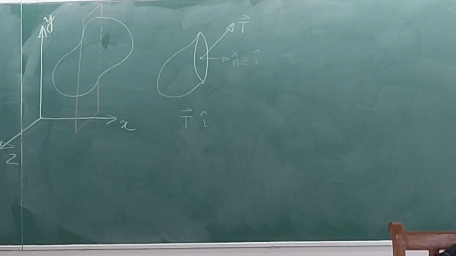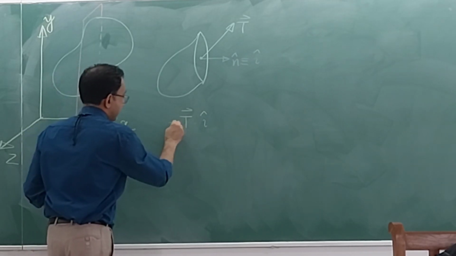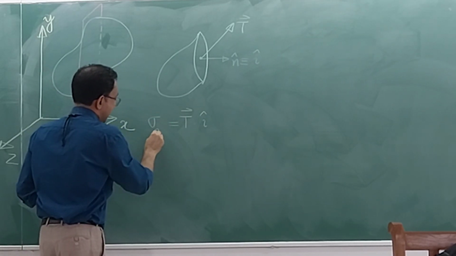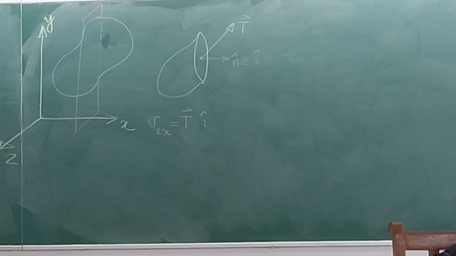It is the component of the traction vector at my point of interest on the plane that I have chosen to take in the x direction. It is this mouthful. So this thing I will call, believe it or not, as this. This is the sigma xx.